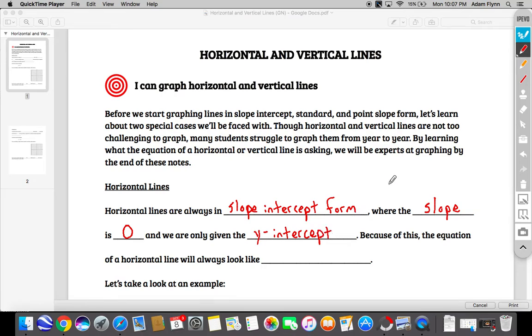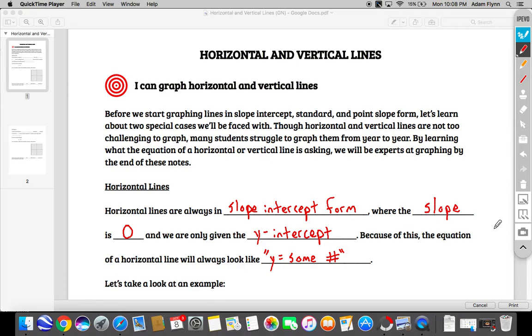Because of this, the equation of a horizontal line will always look like y equals some number. Okay?